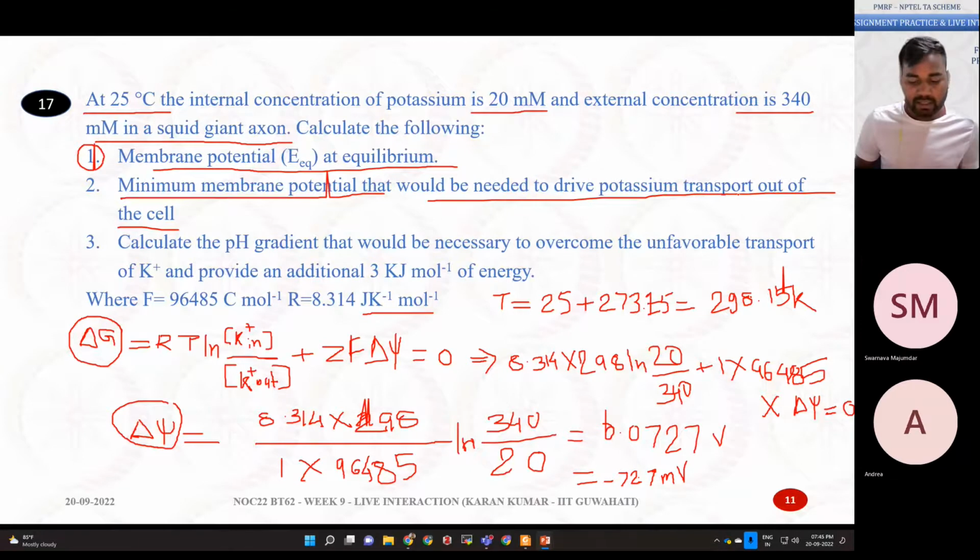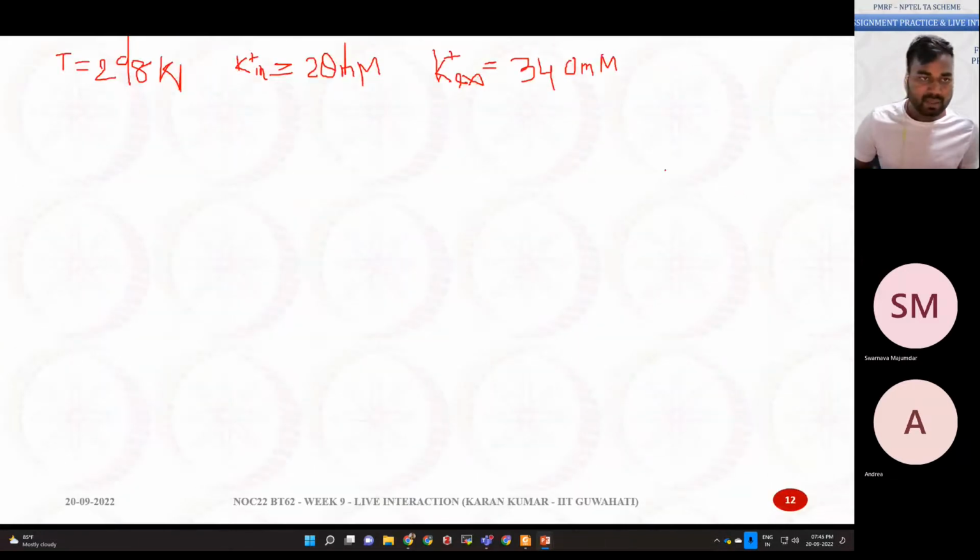So in that, you will need the same thing. Minimum means that it also represents the value at which the equilibrium is reached, just beyond the equilibrium, right? Minimum potential is nothing but the point at which the transport will first happen. If you exceed that particular membrane potential, the transport will happen.